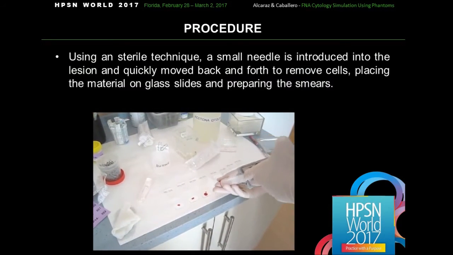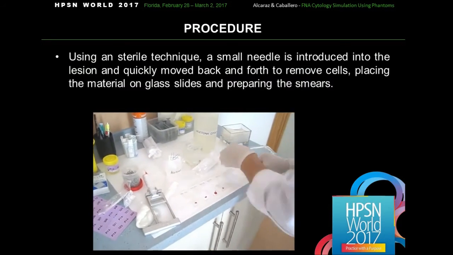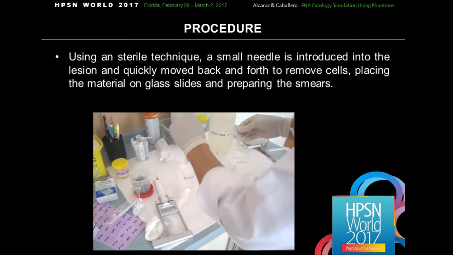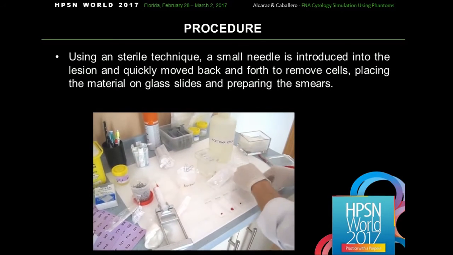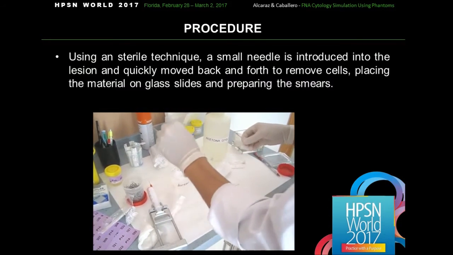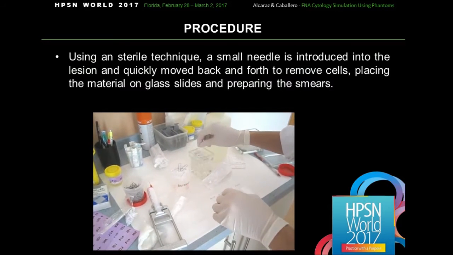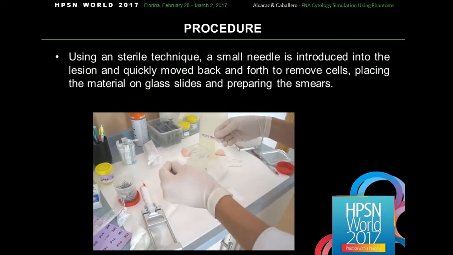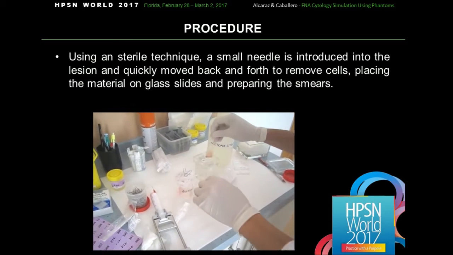So we expel the material on glass slides and we spread it to prepare the smears. We dip these glass slides into alcohol solutions to preserve and fix them, or even let them get dry depending on the staining we want.